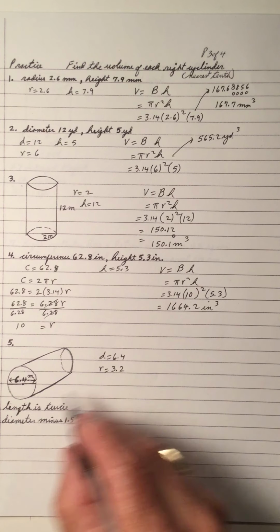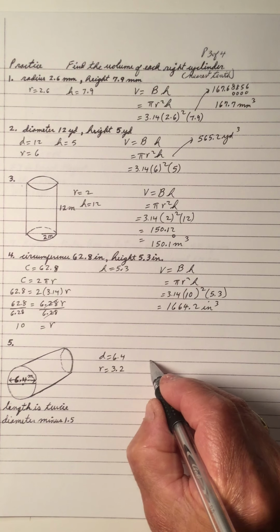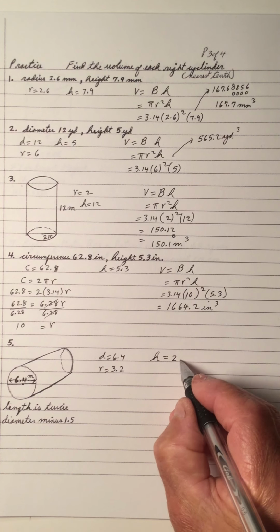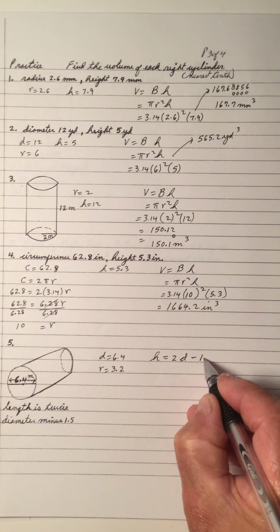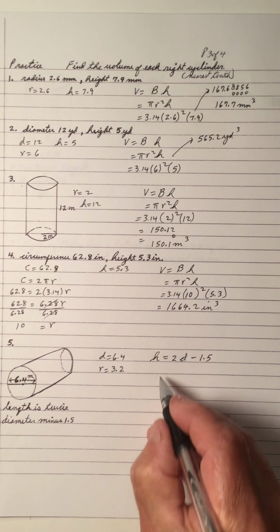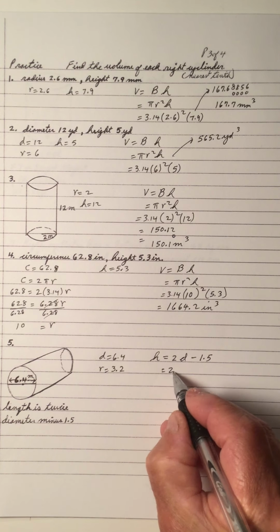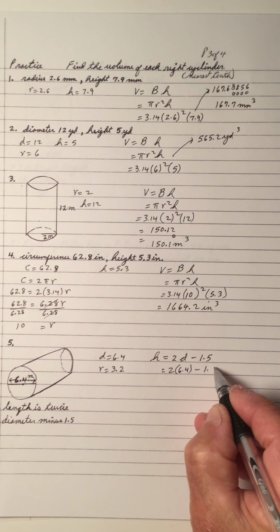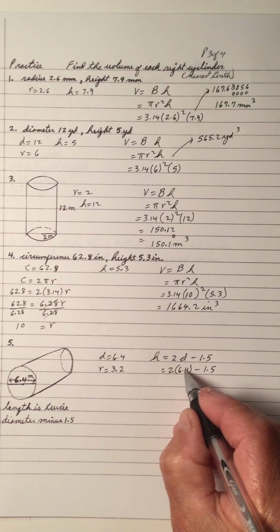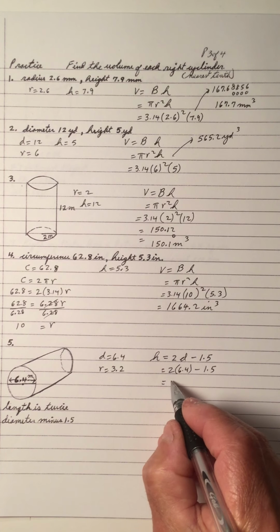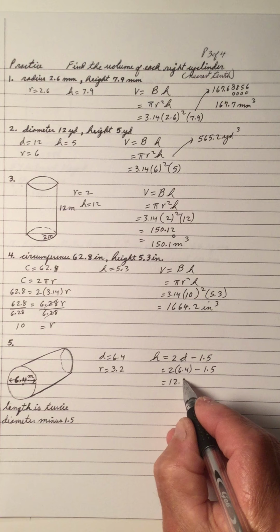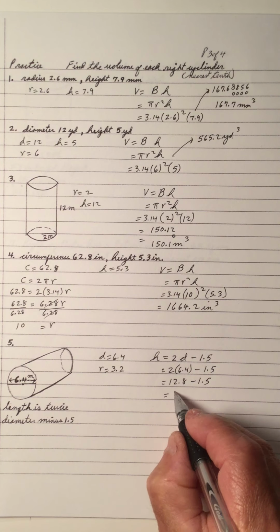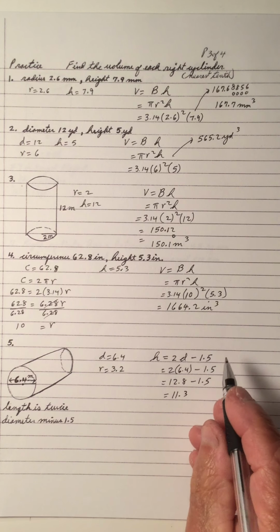So if the diameter is 6.4, I sub in 6.4 into twice the diameter minus 1.5. I have to multiply before I subtract. That's 12.8, subtract 1.5, and that gives us 11.3.